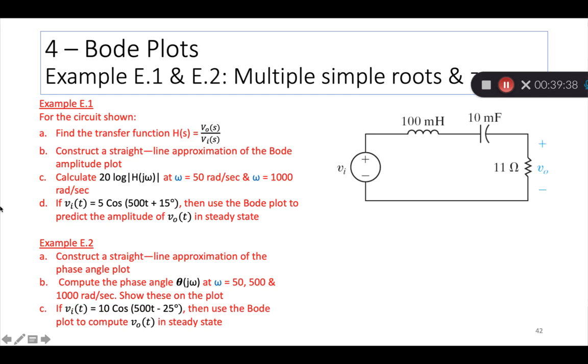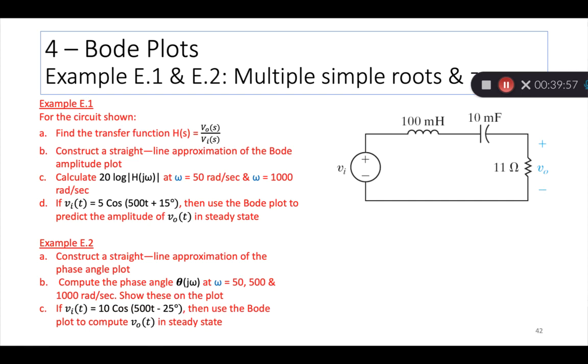So given that my frequency omega is 500 in this case, and the initial phase angle is 15, what will be the output? That is something you're supposed to do. Similarly, there are some requirements for E2 and we'll come to that in a bit.